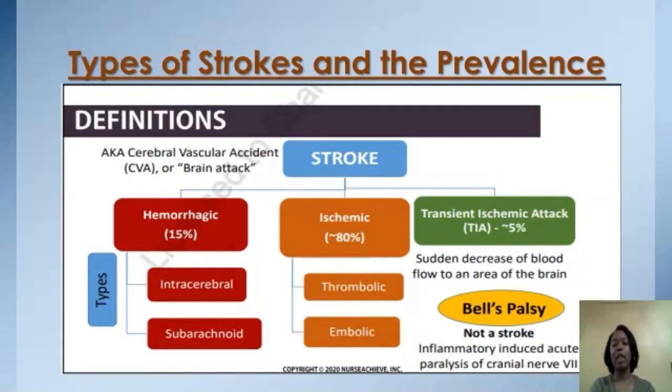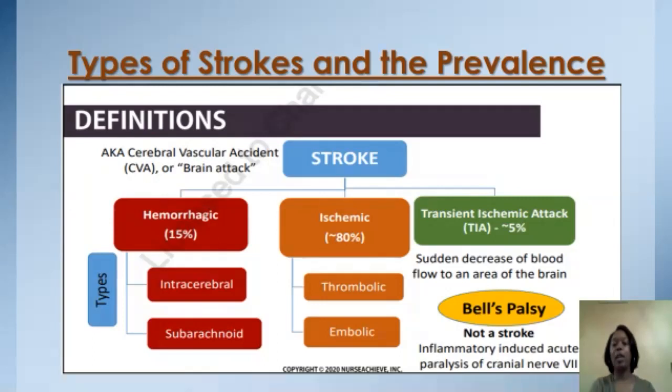The second type of ischemic stroke is embolic. Embolic is an embolus or clot that travels from another part of the body to the cerebral arteries, causing an occlusion or blockage of blood flow.